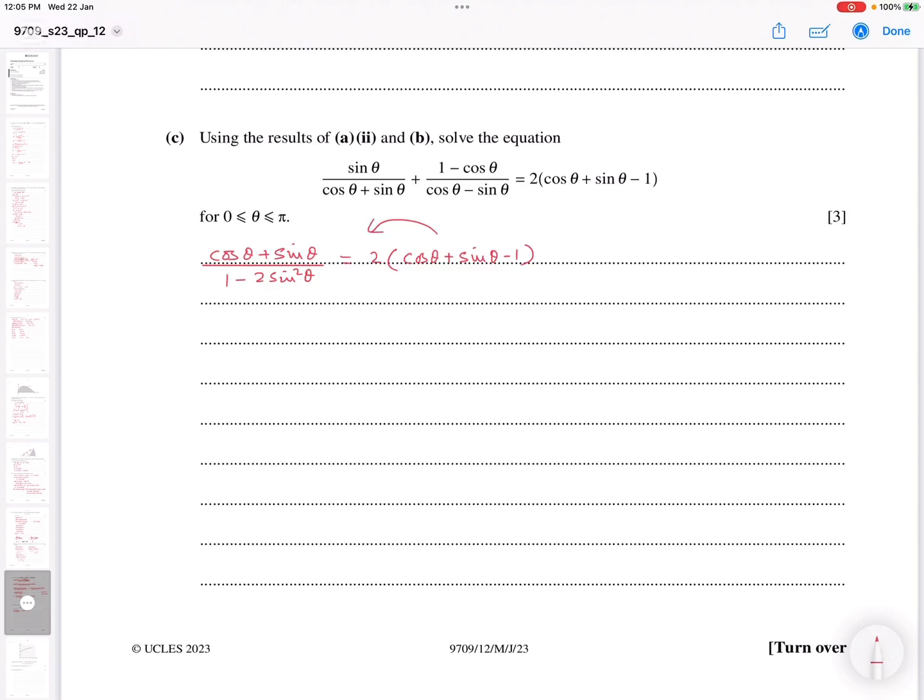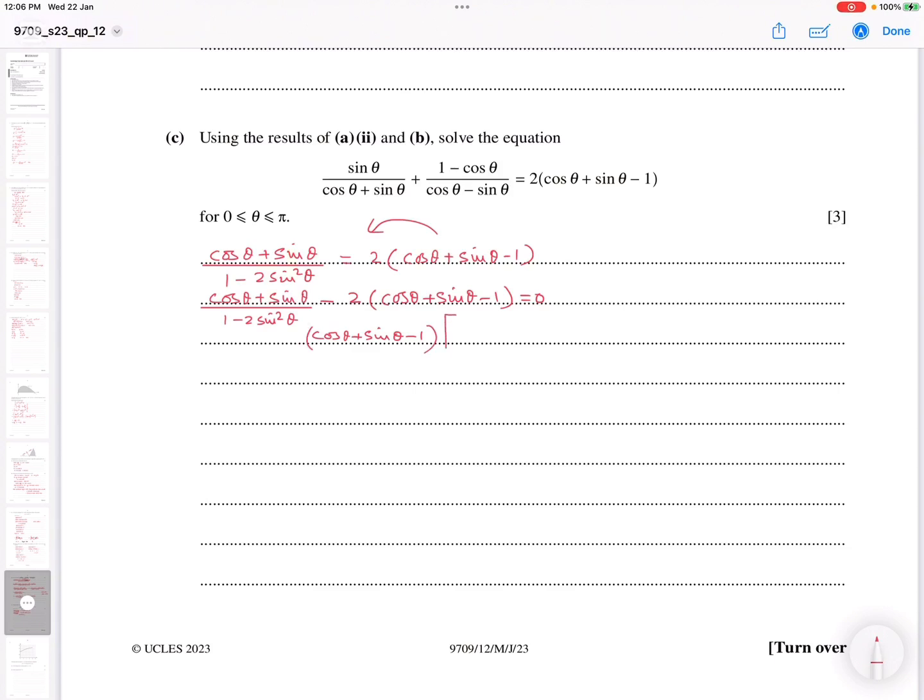Now bring all this to the left hand side: cos theta plus sine theta minus 1 over 1 minus 2 sine square theta minus 2 times cos theta plus sine theta minus 1 equals 0. Now take cos theta plus sine theta minus 1 as common.